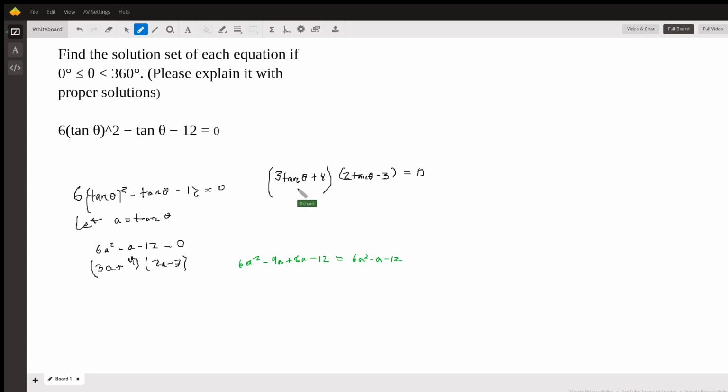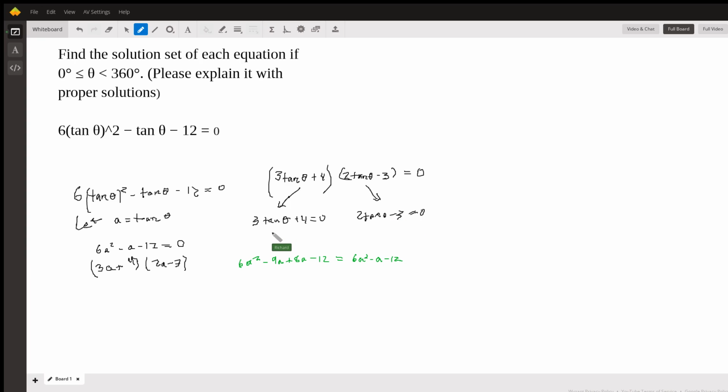So now we'll set up two equations based on this. We're going to get 3 tangent of theta plus 4 equals 0. And then this guy over here will give us 2 tangent of theta minus 3 equals 0.